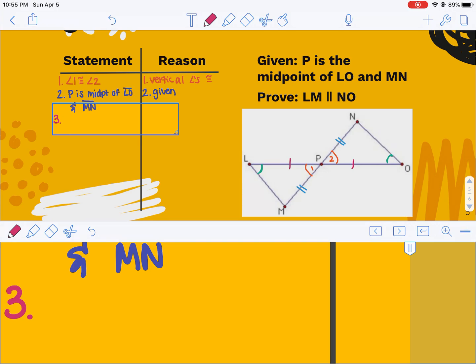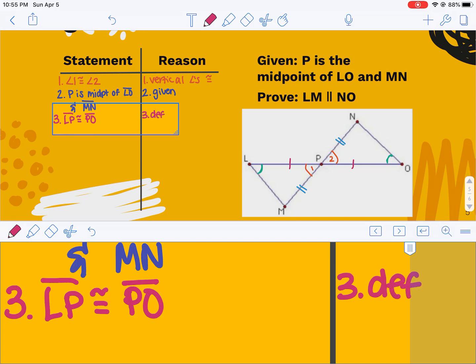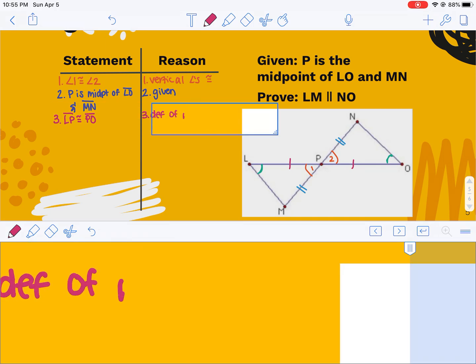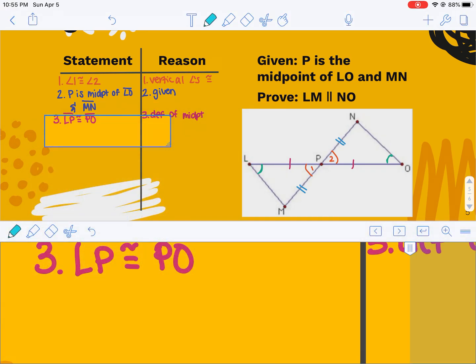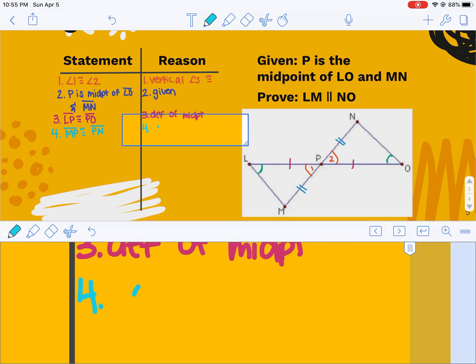Now that I've said P is the midpoint of those two line segments, I can go ahead and say LP is congruent to PO because P is midpoint, or definition of midpoint. And I can say MP is congruent to PN for the same reasoning.